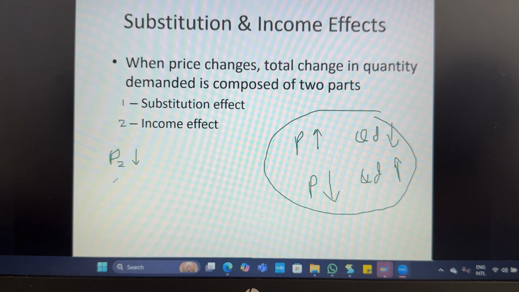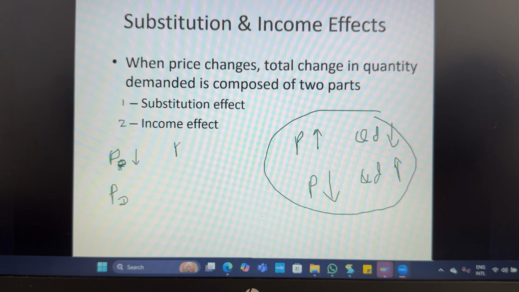Then, compared to the price of Domino's, and I put D for the price of Domino's, and P here for the price of pizza. Now the price of pizza reduces or declines by some amount, but the price of Domino's is not changing.